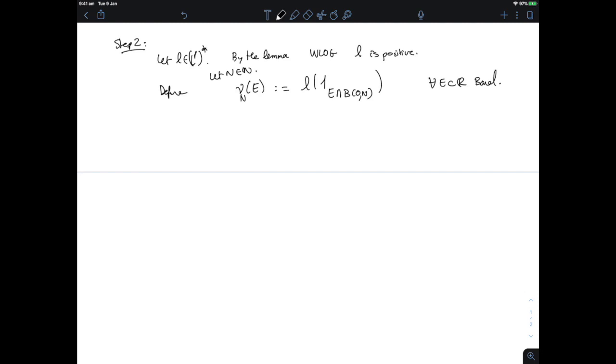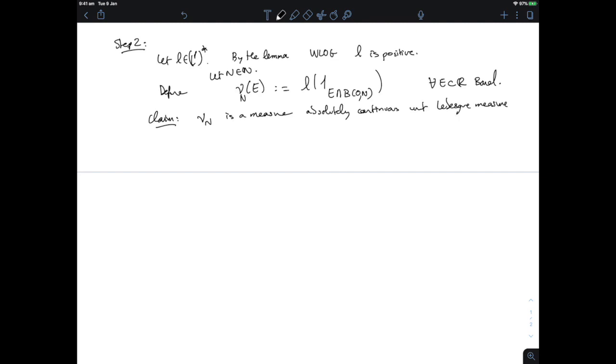So I claim that nu_N is a measure, and that it is absolutely continuous with respect to the Lebesgue measure.